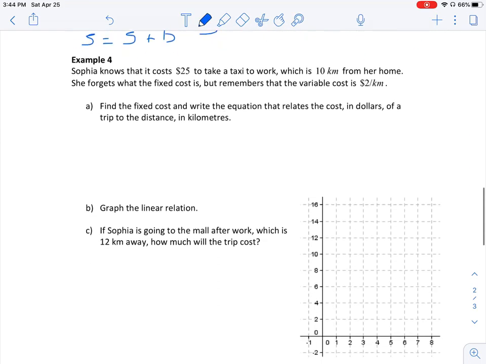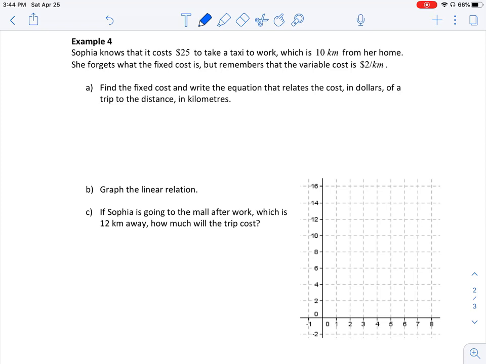All right, word problem. Sophia knows that it costs $25 to take a taxi to work, which is 10 kilometers from her home. She forgets what the fixed cost is, but remembers that the variable cost is $2 per kilometer. Find the fixed cost and write the equation that relates the cost in dollars of a trip to the distance in kilometers.